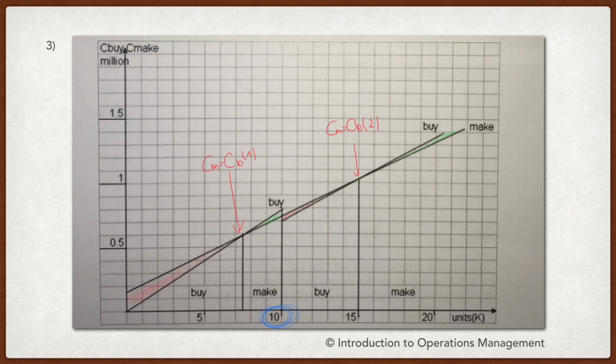And below the 7,500 units, the buying would be cheaper, and above until it reaches 10,000 units, making would be cheaper. And there it changes again from 10,000 to 15,000. The buying would be cheaper again, and above, making will always be the cheaper alternative.